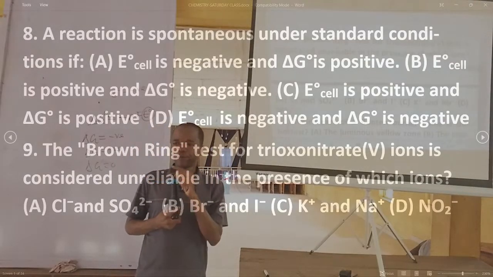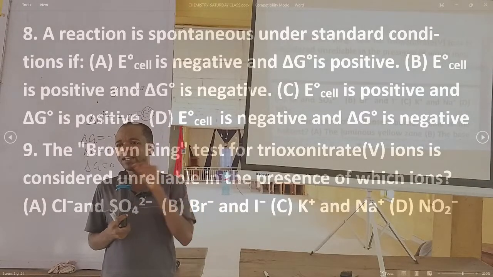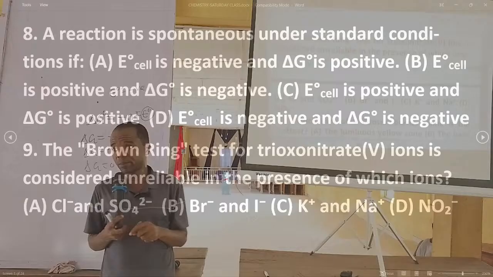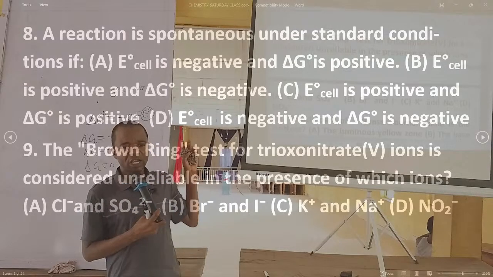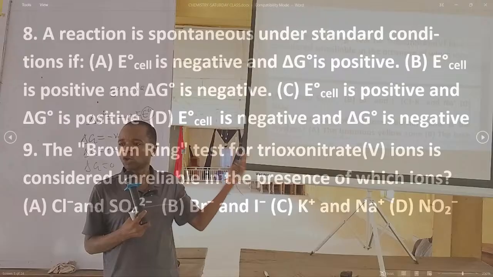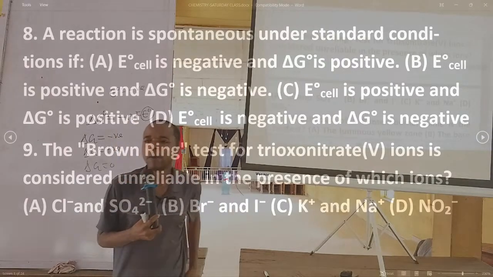But unfortunately, whenever there are bromide and iodide ions, which are the answer by the way, they actually make the test not reliable. Why is that? Look at bromine. What's the color?